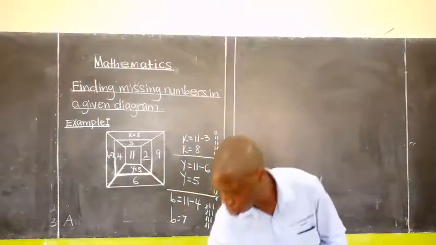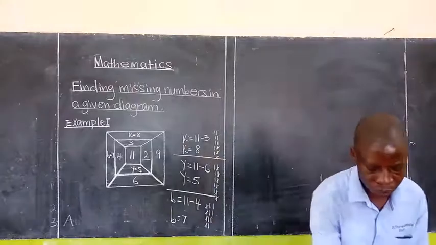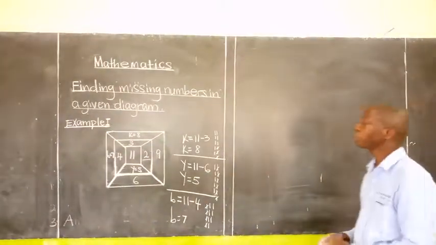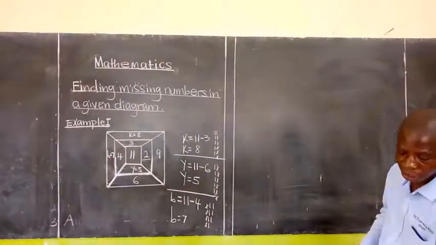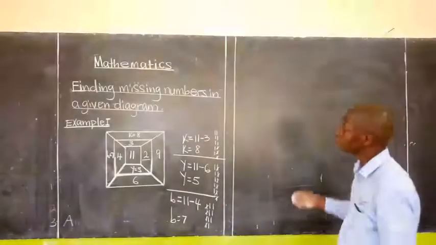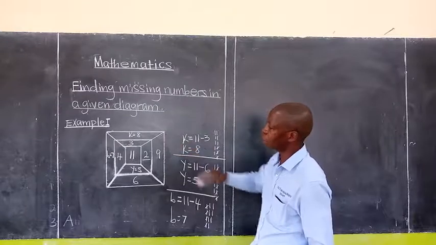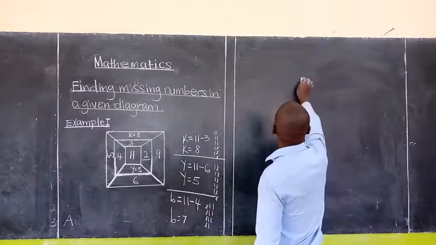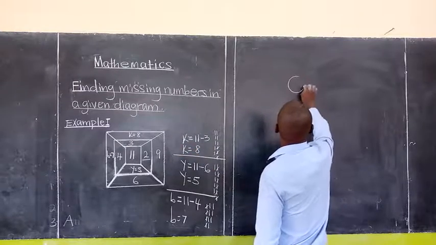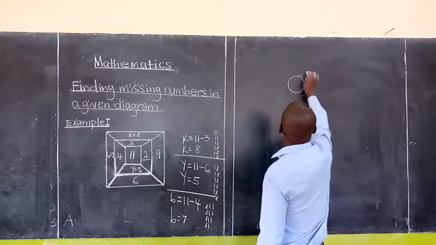Let's have example 2. In our second example, they have brought a box in square form, but now they can give you the diagram in circular form.